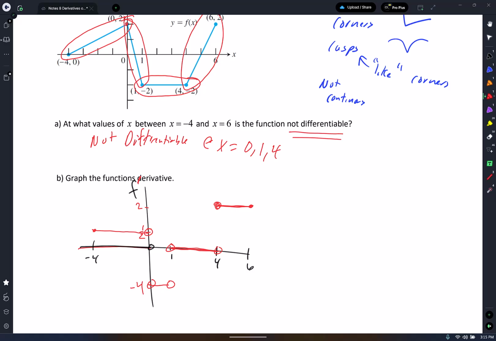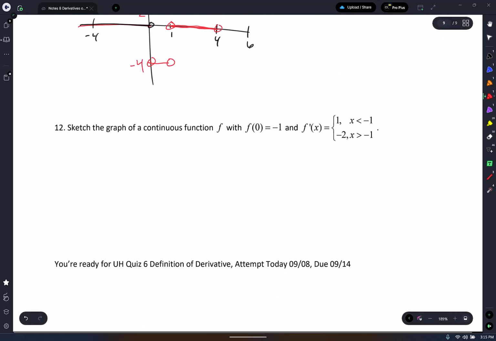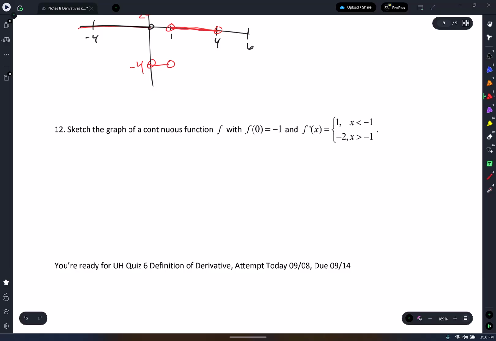All right. Can we do one more? Our last one. Relax. This is it. Sketch the graph of f. Plot this point first, 0, negative 1. And these are my slopes. So here we go. 0, negative 1.